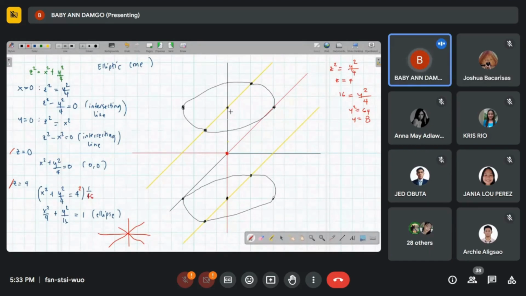So, wrong atong graph. Create sa tagbalik ha. So, kani siya, sayop yun. So, we have 16. Okay? So, we multiply 1 over 16. This is x squared over 16 plus y squared over 64. This is 1. So, dapat di ay ang atong x, so 1, 2, 3, 4. Pwede ra.